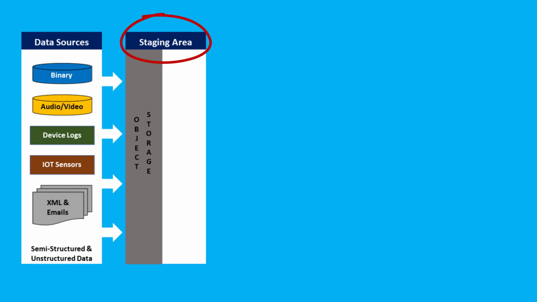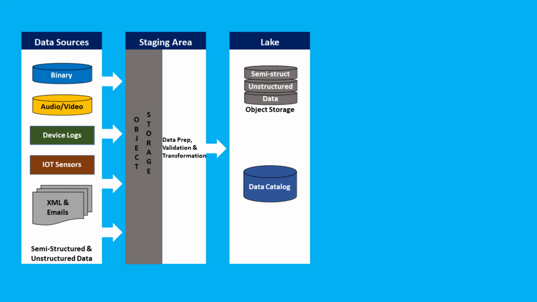It will sit there until it is cataloged and processed for permanent storage. The data is then subjected to a data prep, validation, and transformation process, which basically means that the file is copied into the data lake's object storage, and its metadata is extracted and written to the data catalog, along with the file name and its location in object storage.